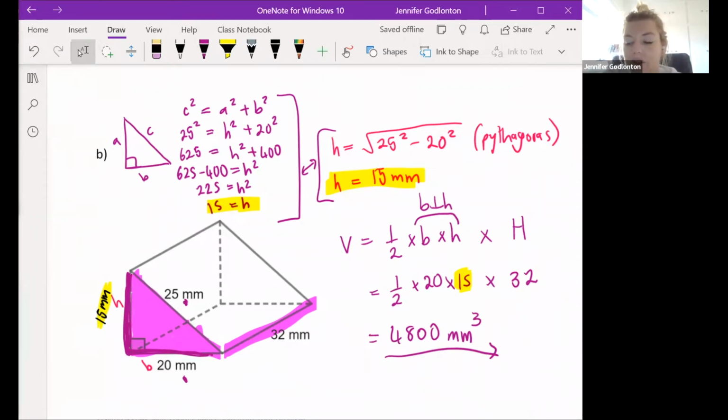And I would like to know if instead of continuing with surface area and volume on Thursday, you would rather start with revision from Thursday. Okay, so I'm just going to do a quick poll.